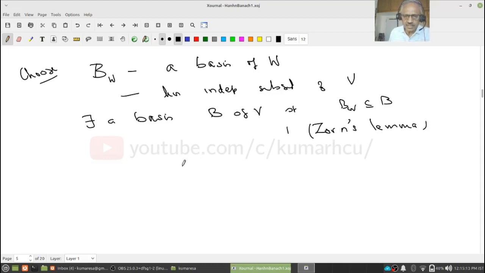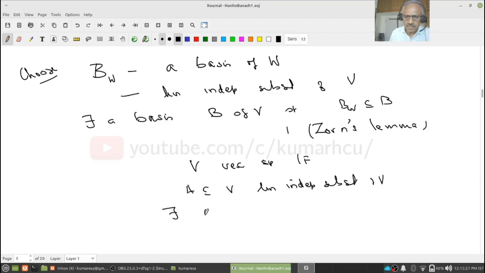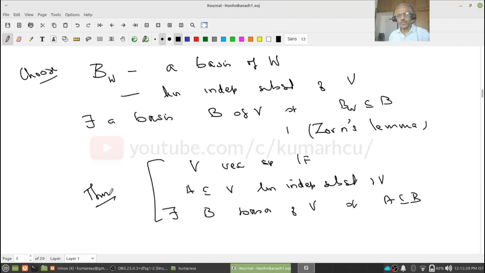What it says is if V is a vector space over a field F, and if A is a linearly independent subset of V, then there exists a basis B of V such that A is a subset of B. This is the version you usually prove.